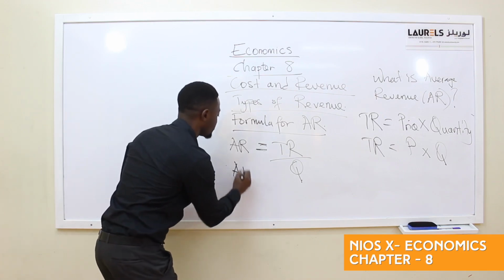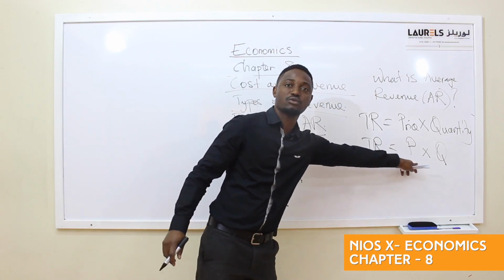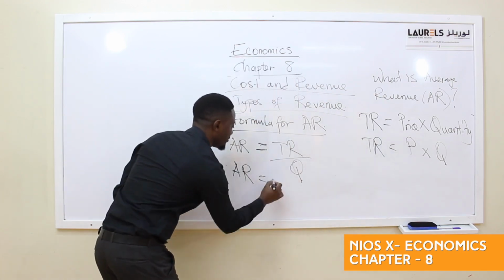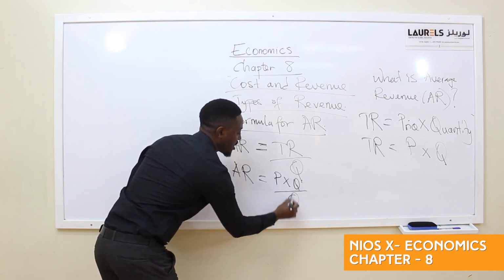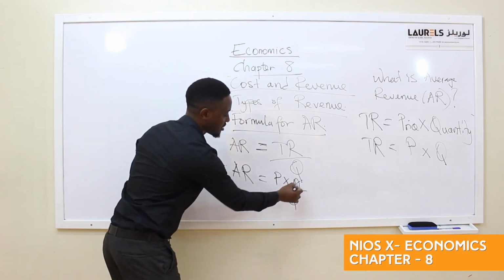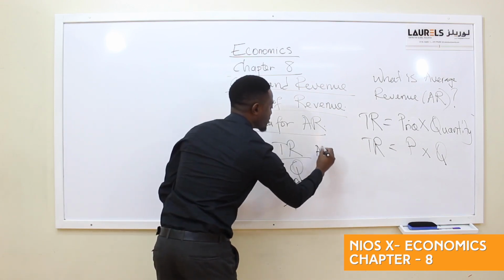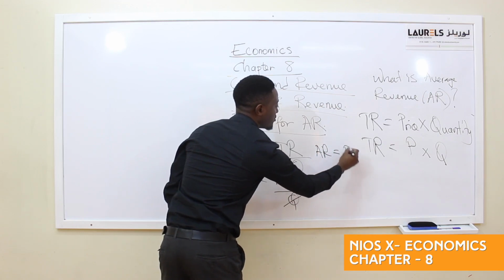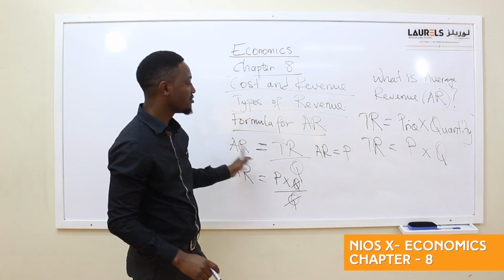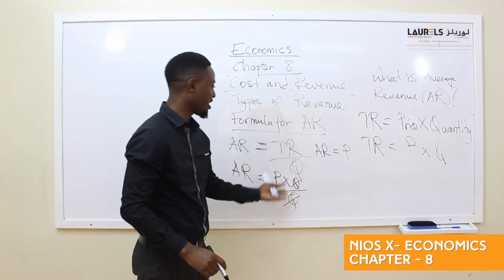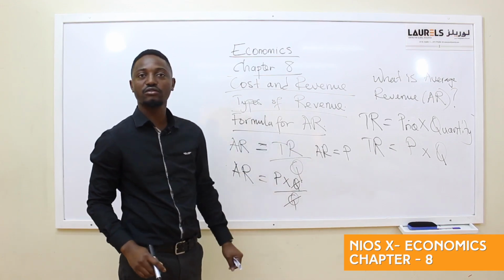We have already seen total revenue is equal to price times quantity. So, we replace total revenue with price times quantity, and we have a Q here. This will cancel out this, and we will be left with average revenue is equal to price. That's why we said from the beginning that the average revenue is the same as the price, and this justifies it. So this brings us to the end of the types of revenue.